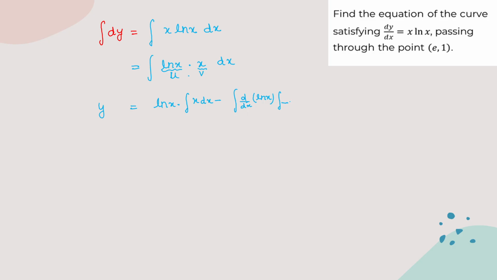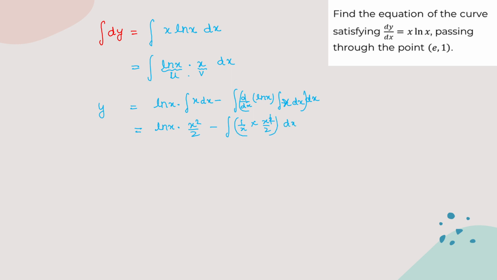The v function is nothing but x, so x dx, and the whole dx also. So just do the integration. Integration of x is x square by 2, minus the derivative of ln x, which is 1 by x, into the integration of x, which is x square by 2, and whole dx.